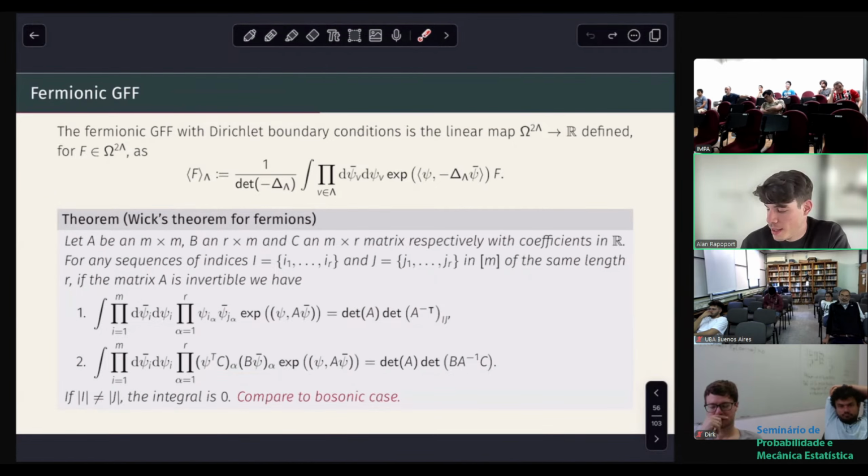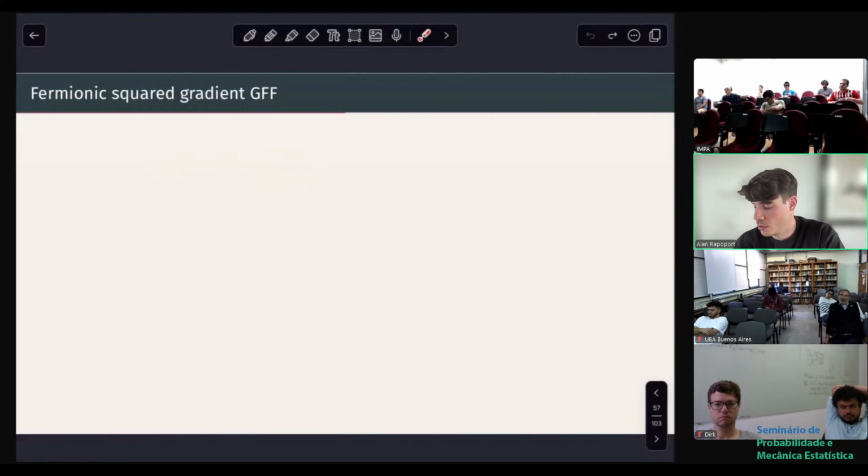I will not be proving this, but you can work this out. If, instead of taking psi and psi bar, you want delta psi and delta psi bar, which are the elements I will use, here you will obtain something like the double gradient of G, or of A to the minus 1 in that case.